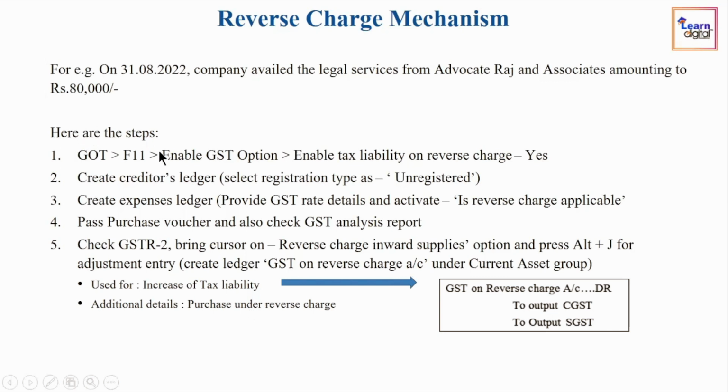First of all, what we have to do? We have to enable GST on reverse charge. How to enable this? Go to Gateway of Tally, open features by pressing F11, go to GST option, and in that enable tax liability on reverse charge. So let's start with this.